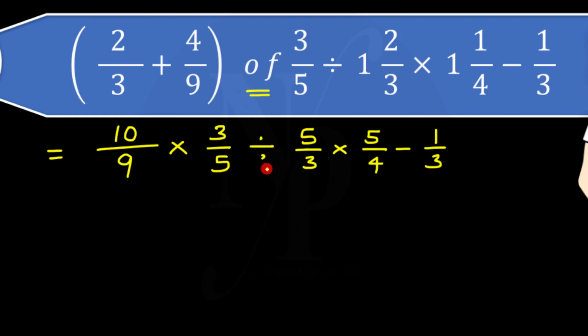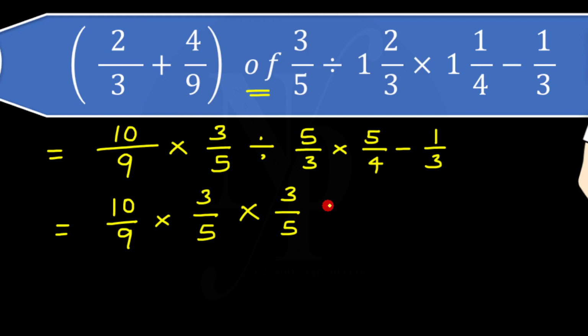We have division operation here. So I write the first term as it is, 10 by 9 into 3 by 5. This division sign may be replaced by multiplication sign by taking reciprocal of the fraction next to division sign. So now this becomes 3 by 5 into 5 by 4 as it is, minus 1 by 3.